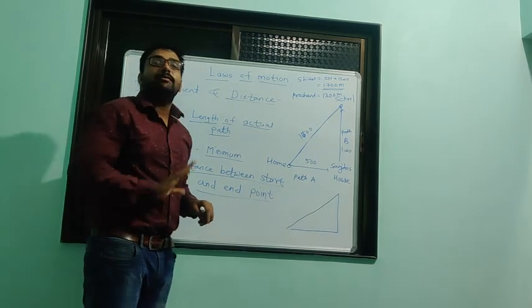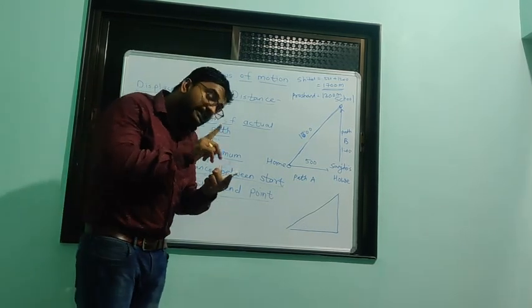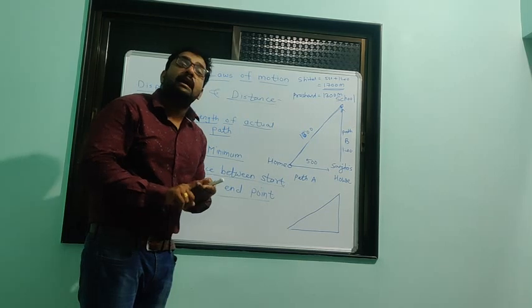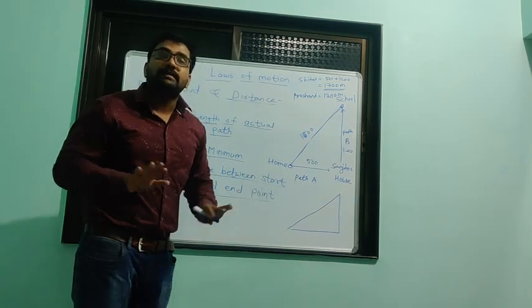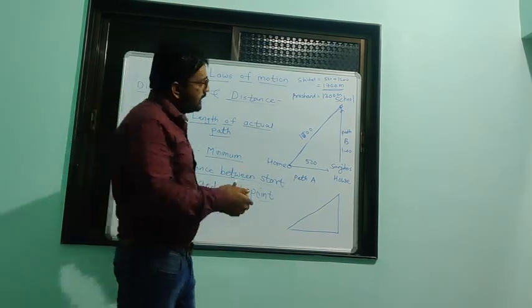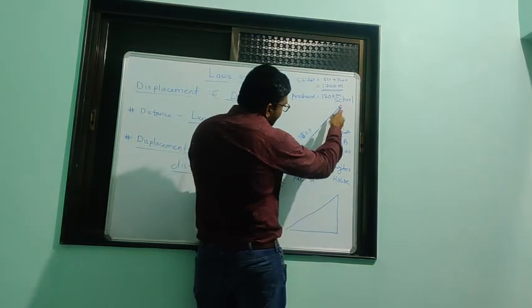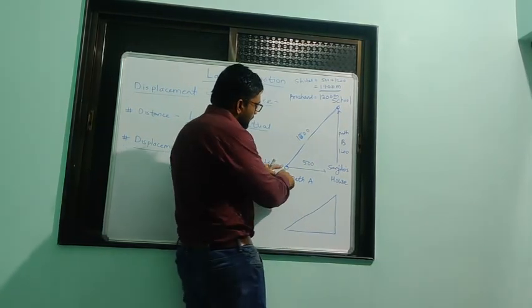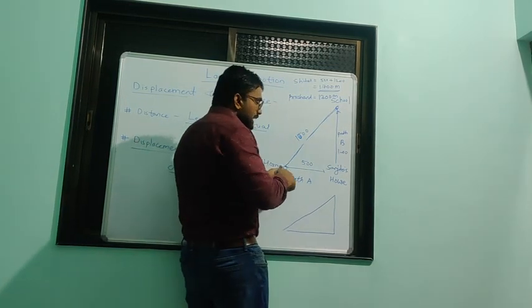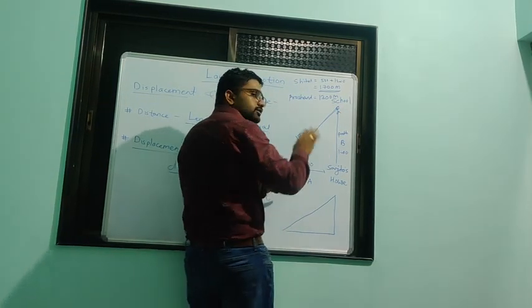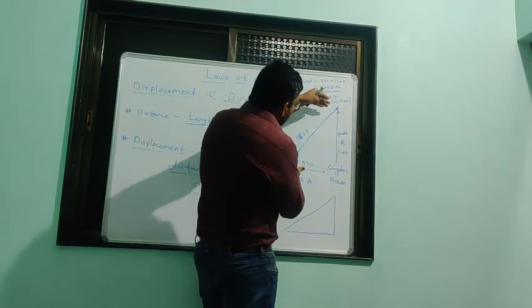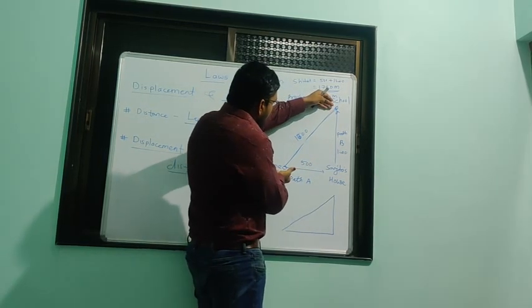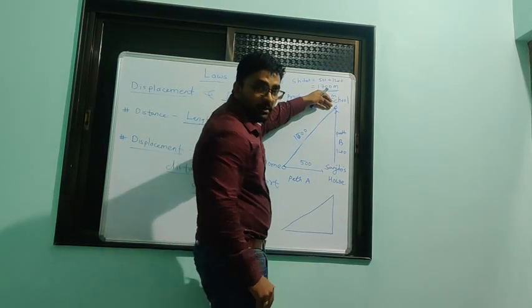So one thing we have to remember here: displacement and distance are two different things. They are not the same. Look here, displacement is the same for both because Prashant also goes to school and Sheetal also goes to school, and the minimum distance between school and home is 1300 meters.